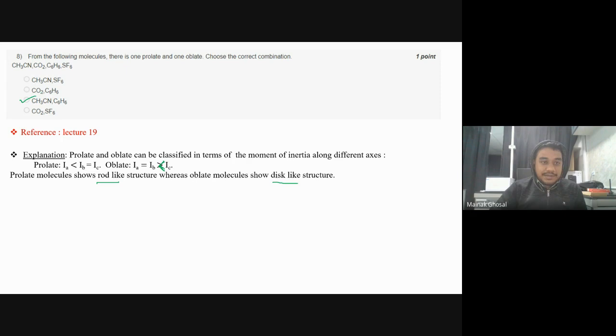Carbon dioxide, I have shown it is a prolate structure, and C6H6 is oblate, so both options are correct. Another option I will add here: this is the first option, and the second one will be CO2 along with C6H6.